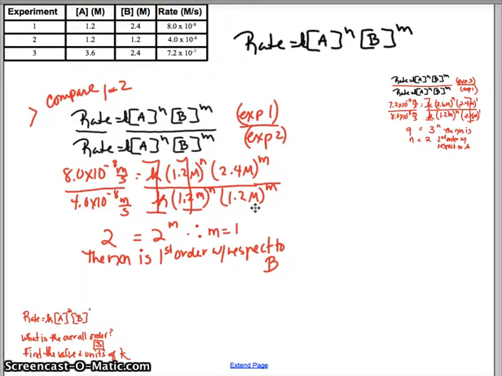They're going to cancel out, and so does the concentration of A. Since it's both 1.2 molar, they cancel each other out.